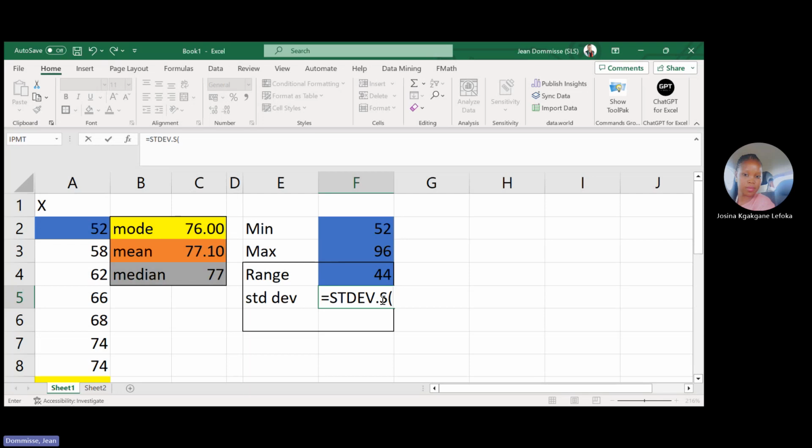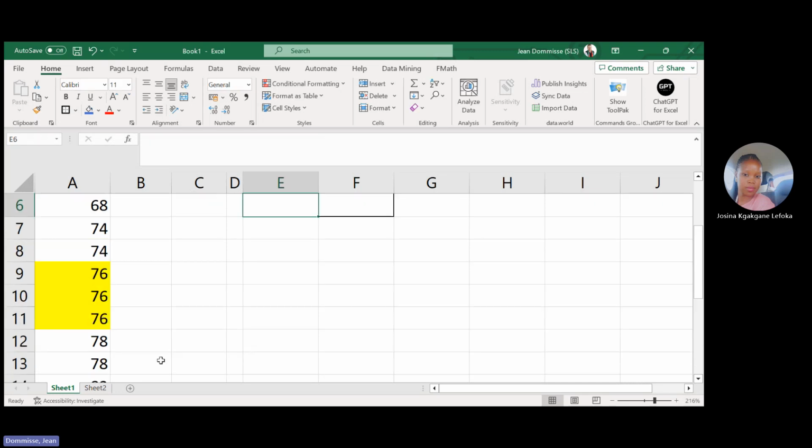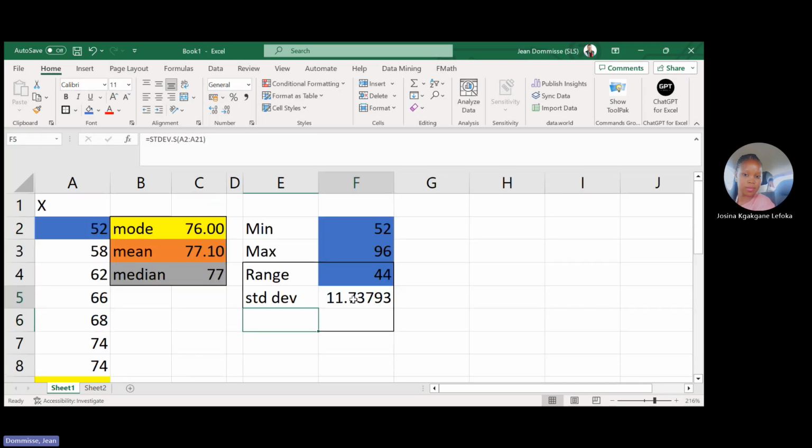If we select the one with a P for population, we are going to get a different number. But they will always tell you in your question if you're working with a sample or not. Okay, so that is your standard deviation formula.